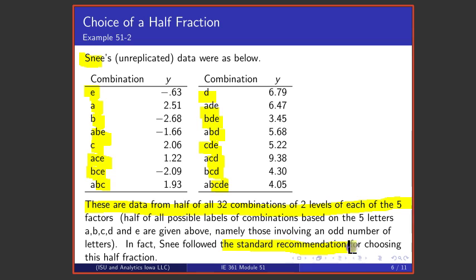Snee used the standard recommendation. He got a standard half fraction of a 2 to the 5th.